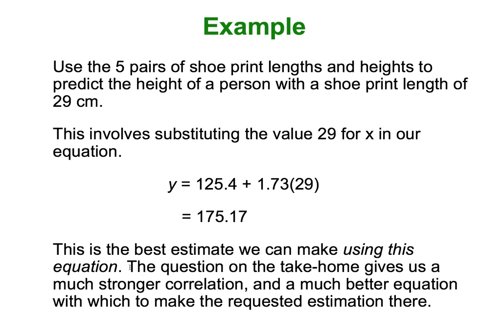And you see down here it says the question on the take-home gives us a much stronger correlation and a much better equation with which to make our estimations. So we have these shoe print lengths and these heights, and we've got our regression equation, and we're asked to estimate or predict the height of a person with a shoe print length of 29 centimeters.